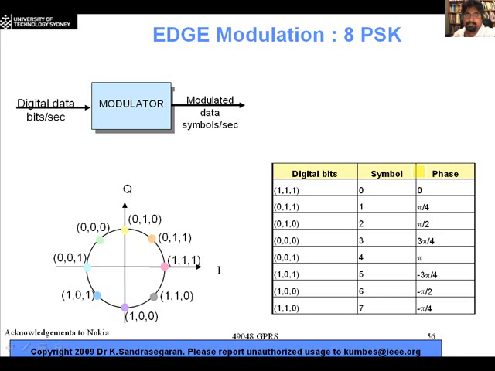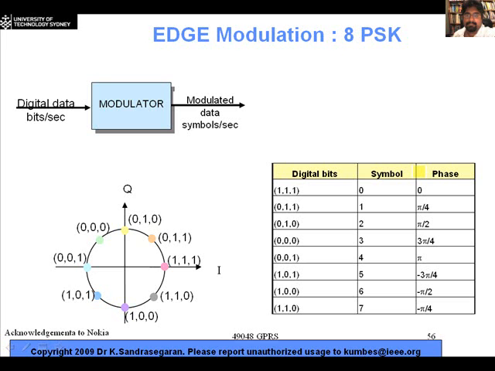Again, Edge implies more equipment in your base stations, because the standard GSM won't be able to do Edge. So it does require quite a lot of changes to your base stations and so forth.